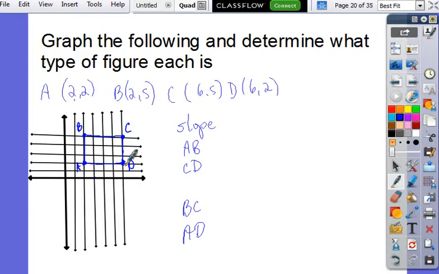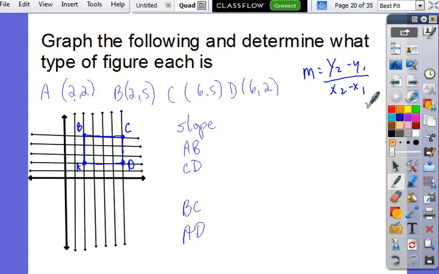First thing we're doing is slope of the sides. Now, the slope formula. I've got to do the slope, the distance between the y's over the x's.